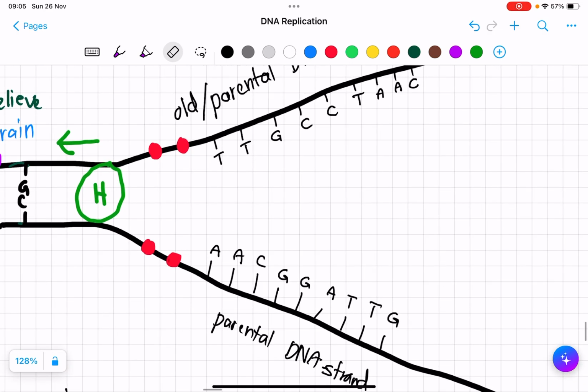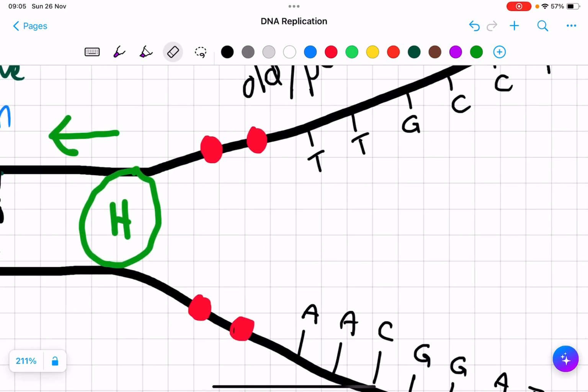Next, so bila dah terbuka, we want to make sure the parental strand is not rejoining back. Sebab ada possibility parental strand ni tutup balik, winding balik, rejoining balik. So what we have to do is kita kena ada something which is a protein that we call SSB protein.